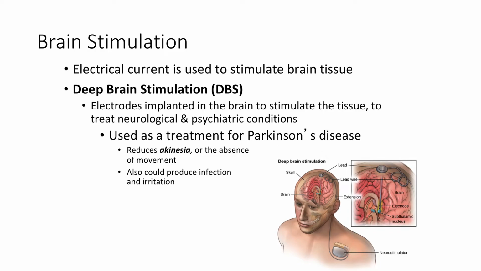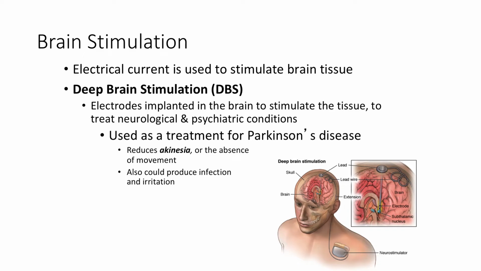When DBS electrodes are implanted in the brain in a couple of regions of the basal ganglia, for example the globus pallidus or the subthalamic nucleus, both tremors and akinesia are lessened. Patients have reported that DBS used for Parkinson's has improved their movement, but not only movement, also their cognition and their mood. The only limit of DBS is that it's super invasive.